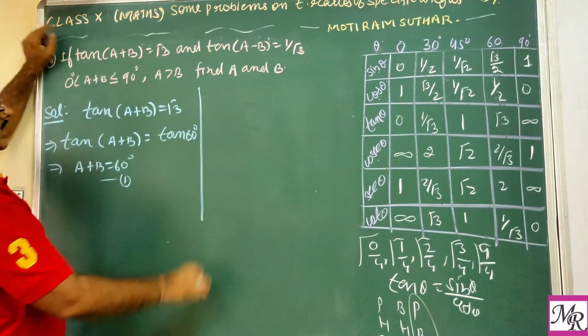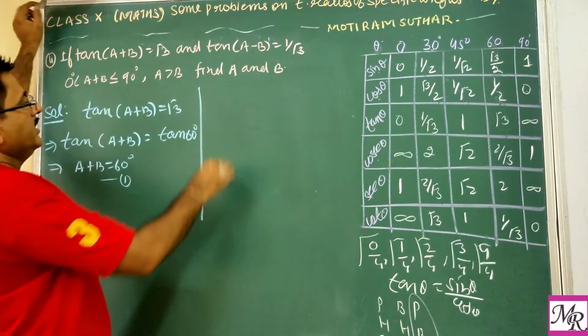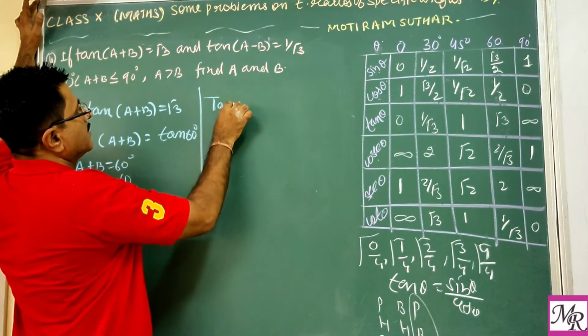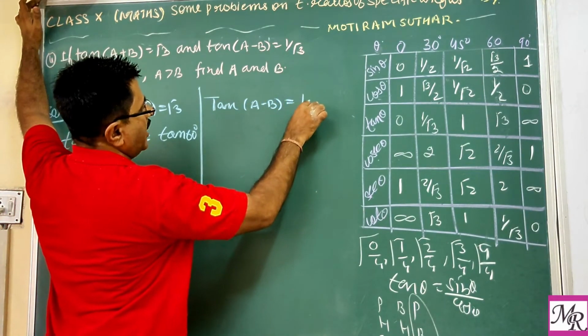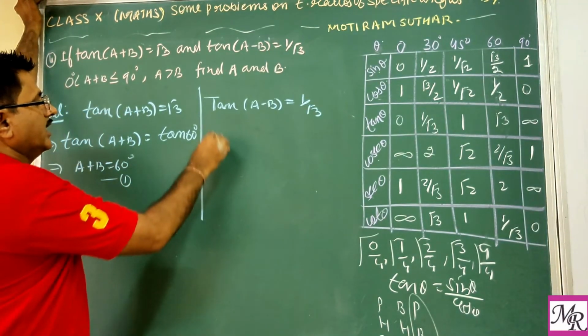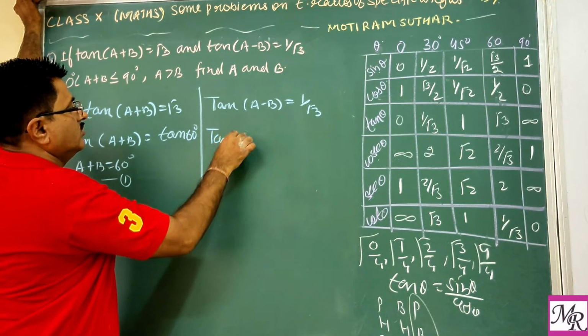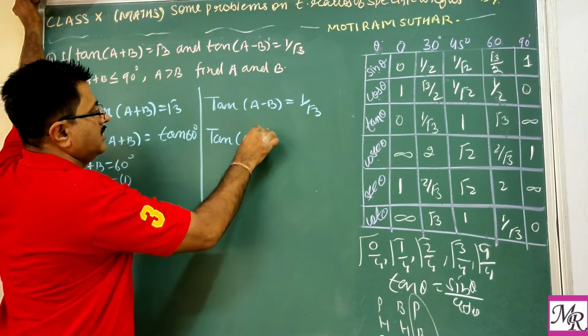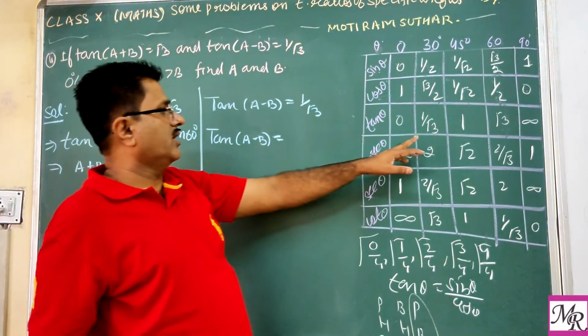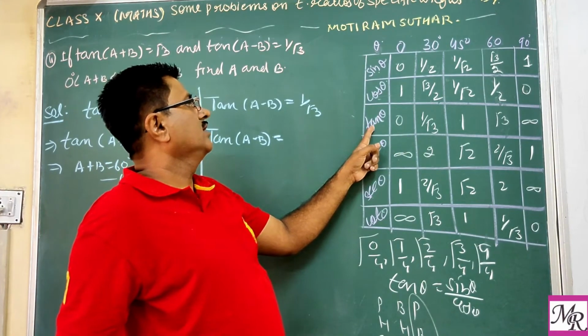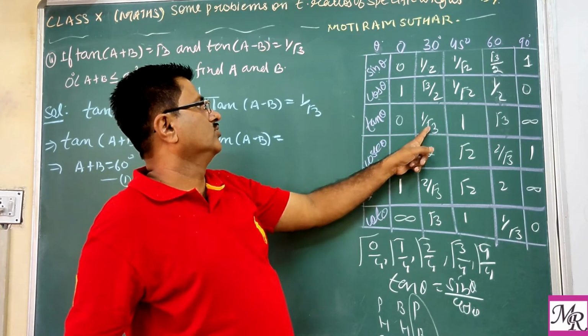Now second, we are given tan of A minus B equal to 1 by root 3. Again we follow the same process: at which angle is the value of tan 1 by root 3? That is 30.